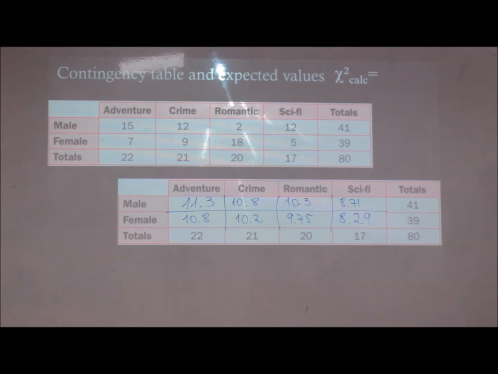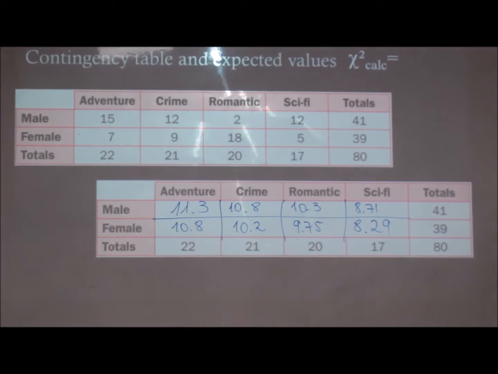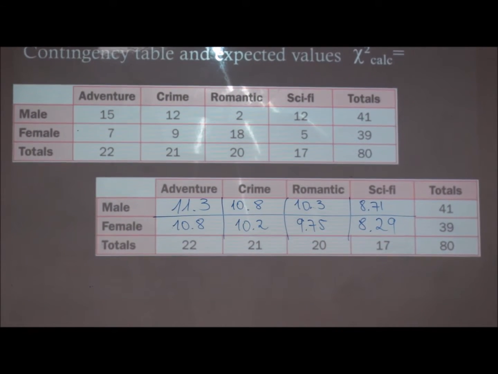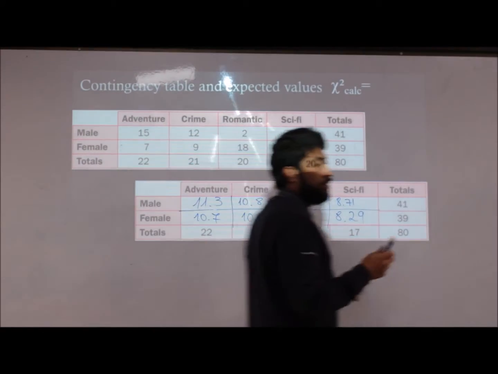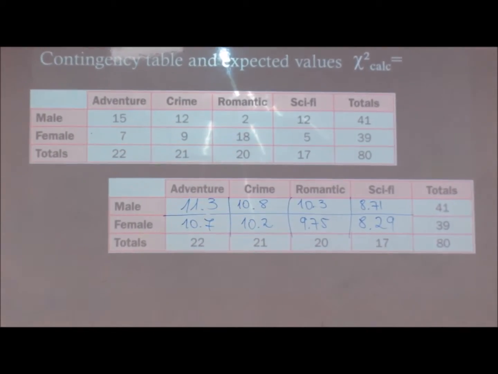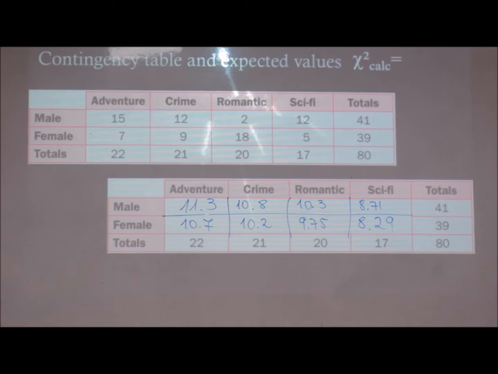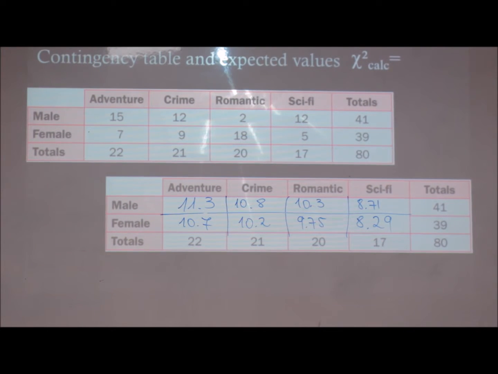Female adventure is 10.7, because the next number is a 2. You are completely right. 10.7. Thank you so much.